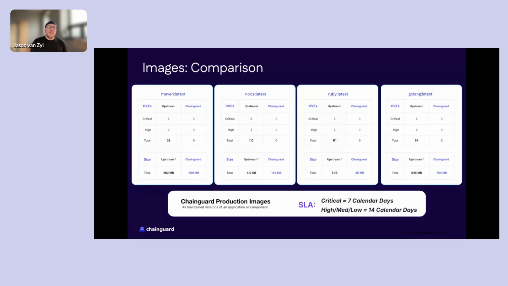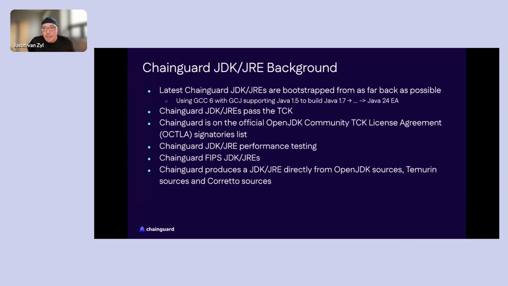So as this relates to Java, I'll talk a little bit about the background of the Java program here at Chainguard. The first thing that we've done historically is try and bootstrap from as far back as possible as we can. This required quite a bit of work.